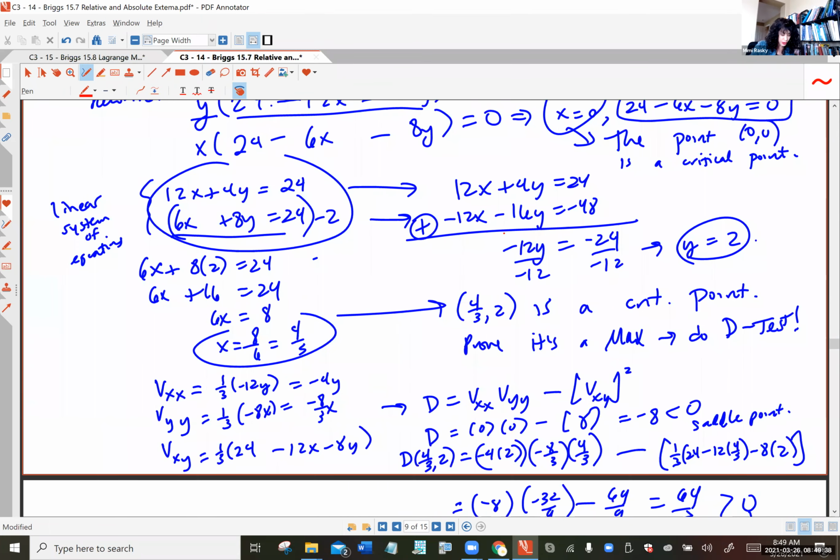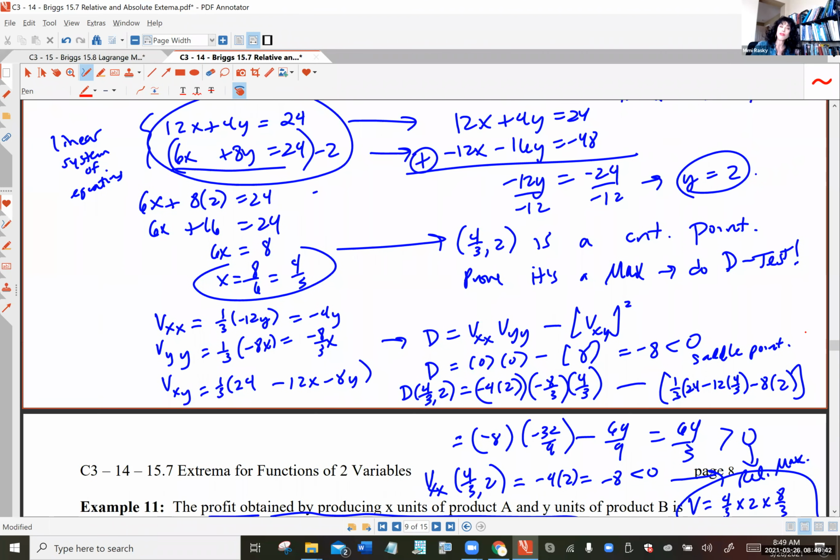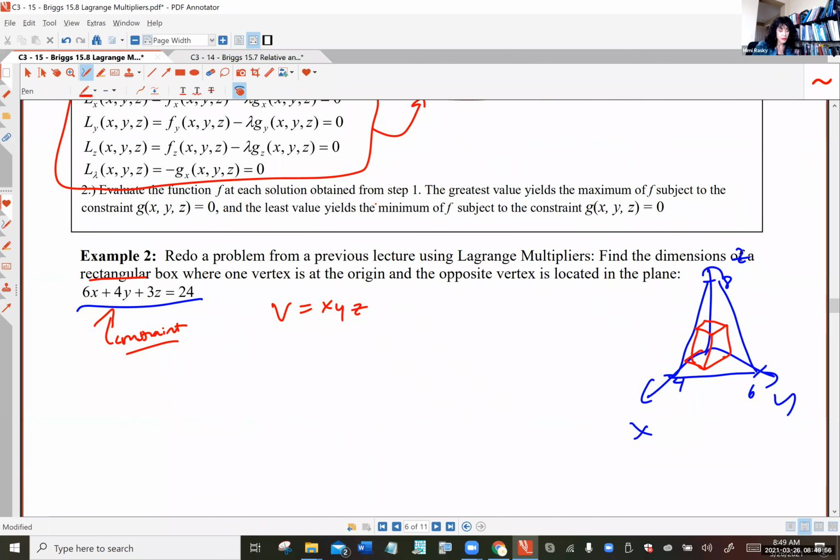But then after doing all this hard work, we had to do the d-test, and it was pretty involved. So I will tell you that the Lagrange method is not this bad. Now, I'm not going to say you can do it in 30 seconds, but after we get done here and you see Lagrange in action, I will do an informal survey and see which one you guys like, okay?